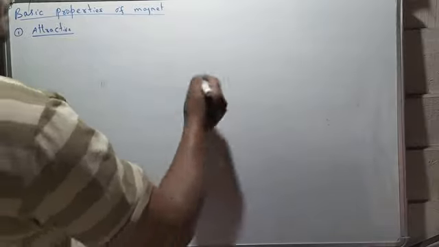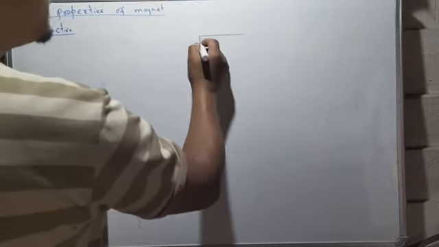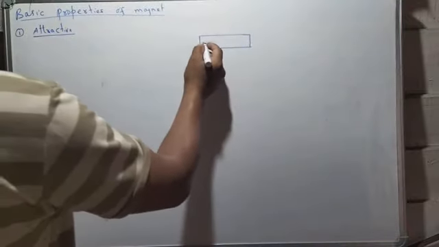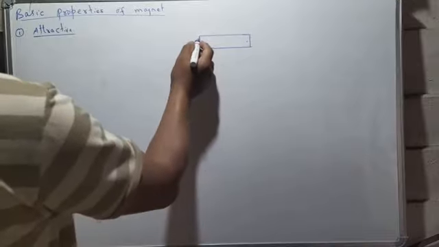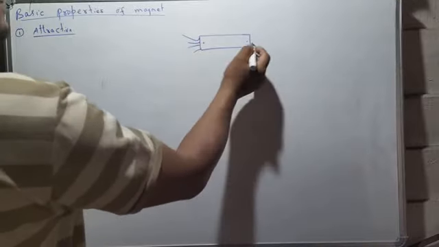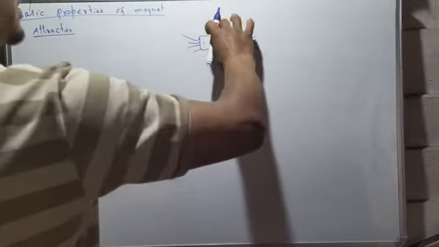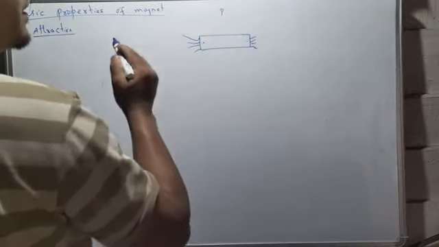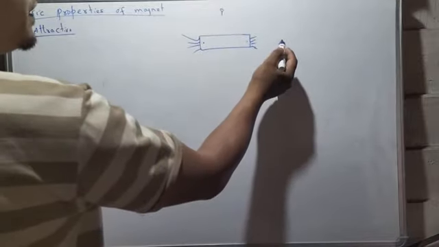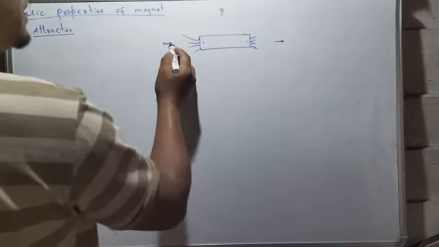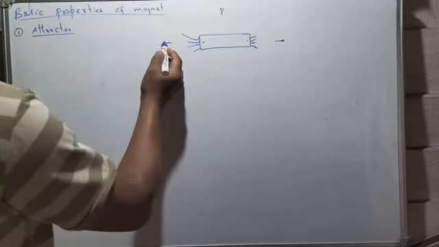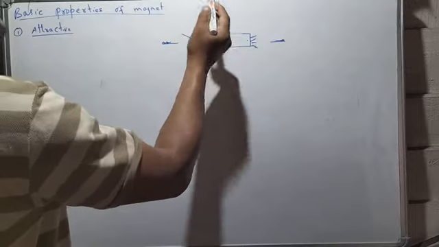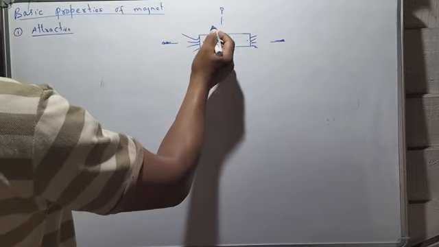That means, suppose I'm taking a bar magnet here. At these two ends, the magnetic attraction is very strong as compared to the other end. If you put a nail here, and here, and here, you will find that the nail is strongly attracted at this point, and less attracted at this point.